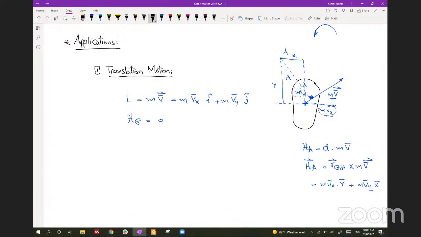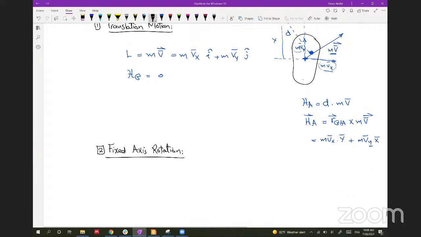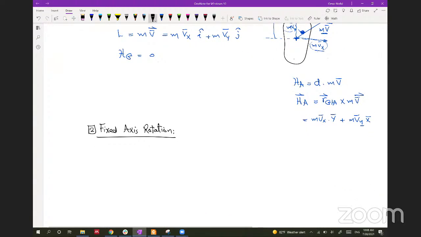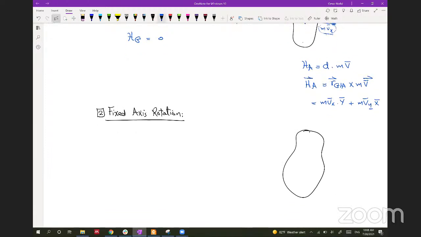Okay, so let's move to the second thing, which is the fixed axis rotation. For fixed axis rotation, if we have a body like this, and this body is bent here, and this is the CG, so let's put G here, and this body is making omega in this direction.